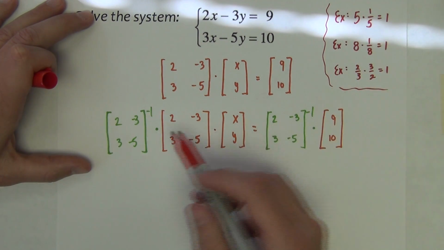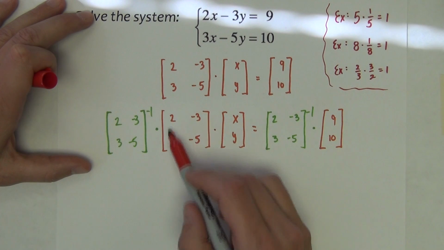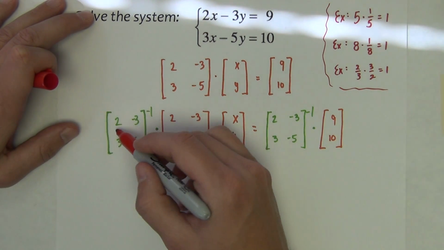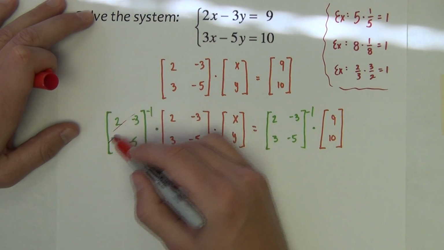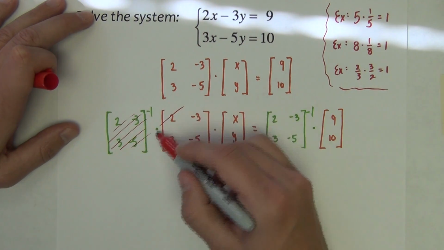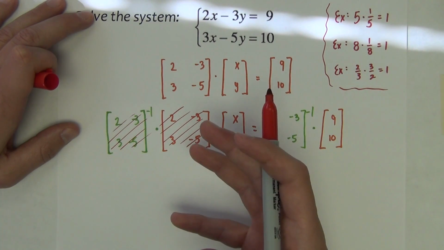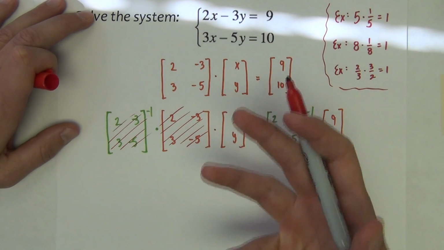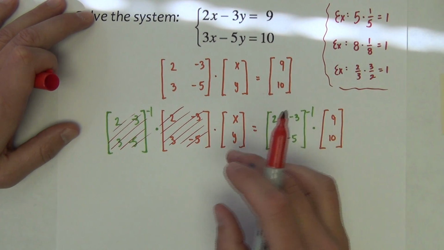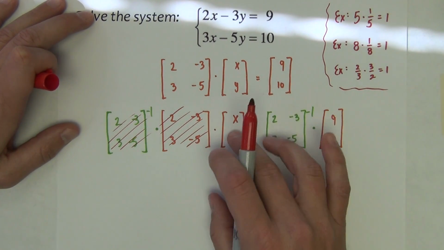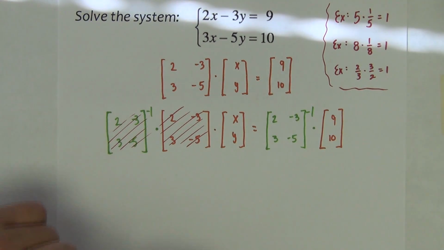So apply that here. If I take this matrix times its inverse matrix, they cancel each other out, and the result is just the identity matrix, which is 1 in matrix numerals, but it's 1 times this, and 1 times this is just itself.